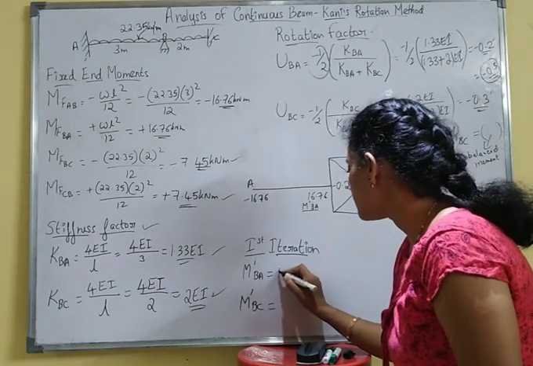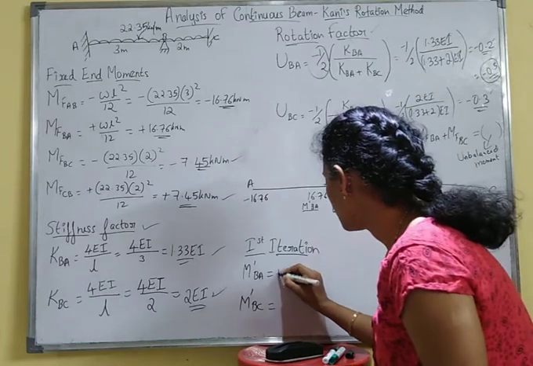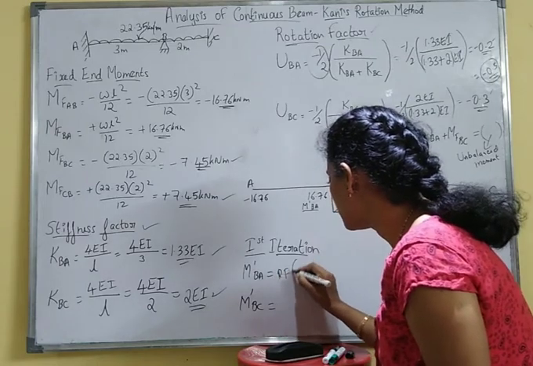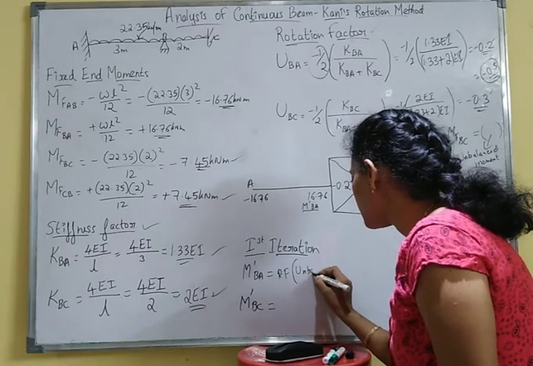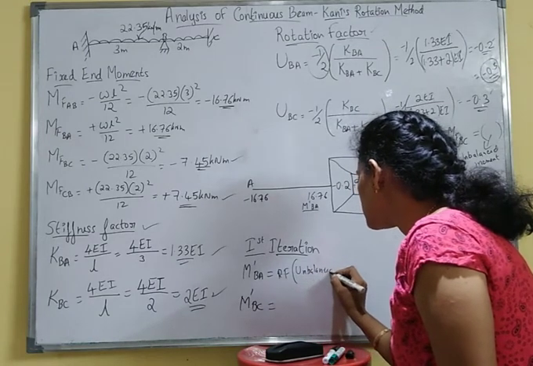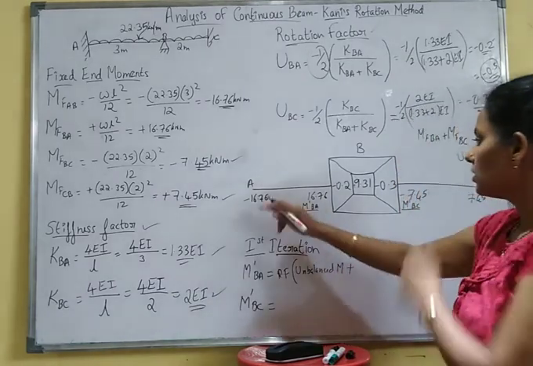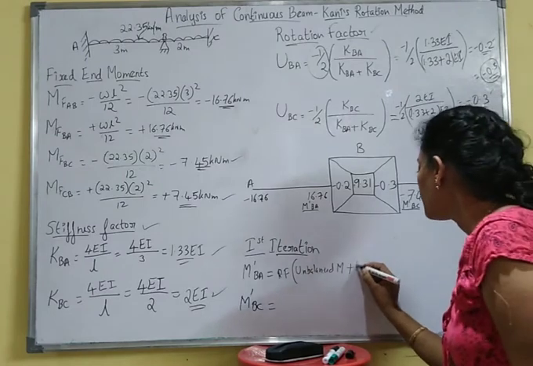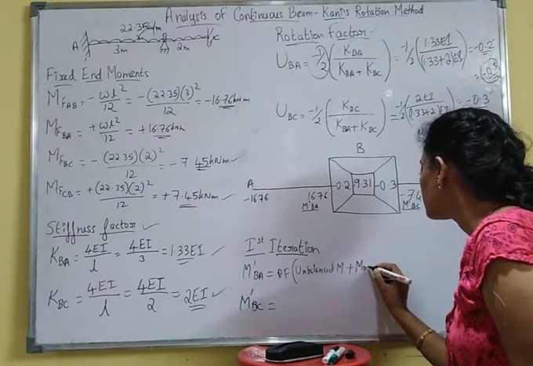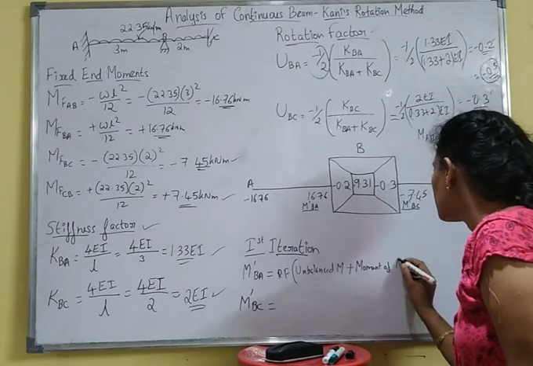I'll write it in general: rotation factor into unbalanced moment plus far end moment.